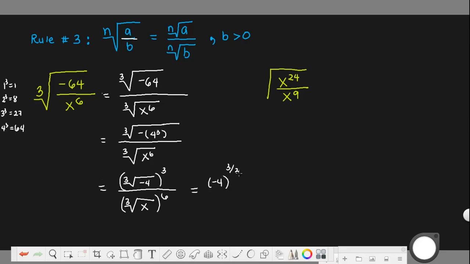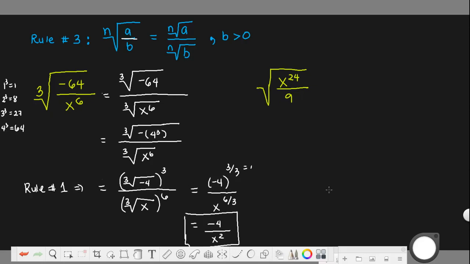So, 3 over 3. Then, x raised to 6. Yung numerator over the index na denominator natin. So, negative 4 raised to 3 over 3, that is negative 4 raised to 1 or negative 4 lang. Okay? So, ito ay 1, di ba? Negative 4 na lang siya. Ngayon, x raised to 6 over 3, 6 divided by 3, that is x squared. Okay, and this will be the final answer. As you can see, in-apply ko dito yung rule number 1. Okay? Sa part na to.